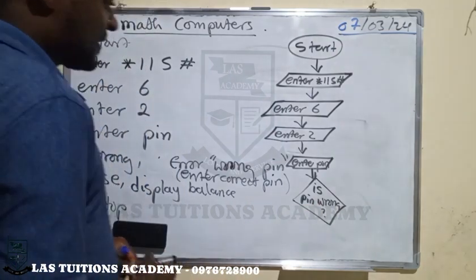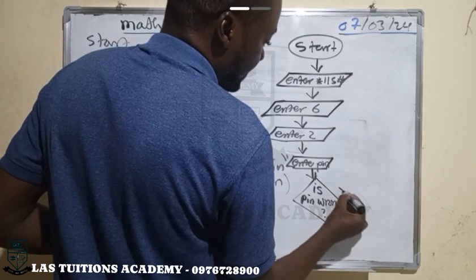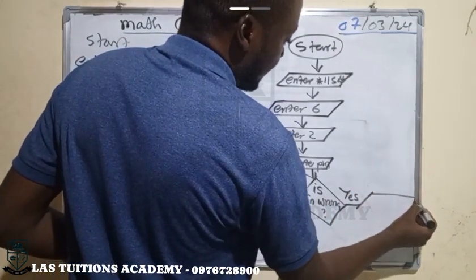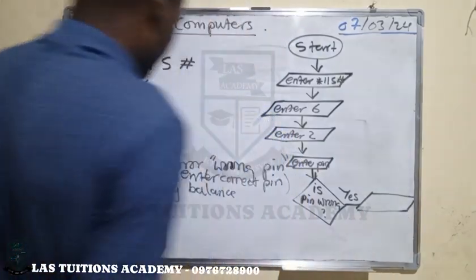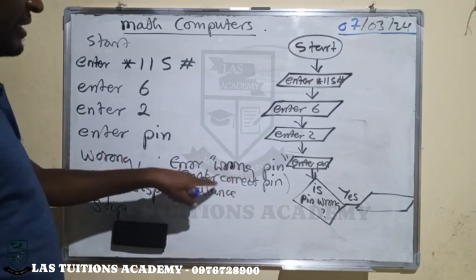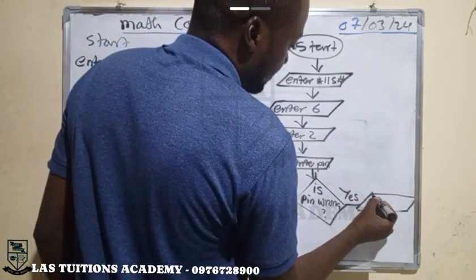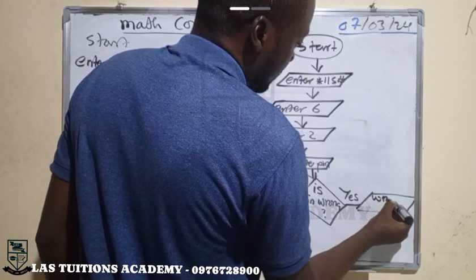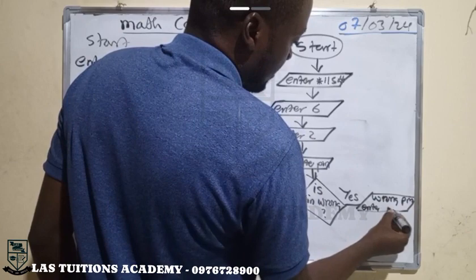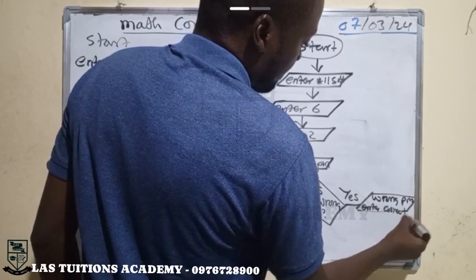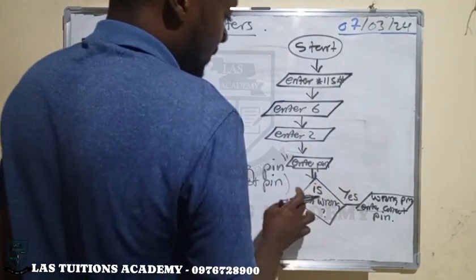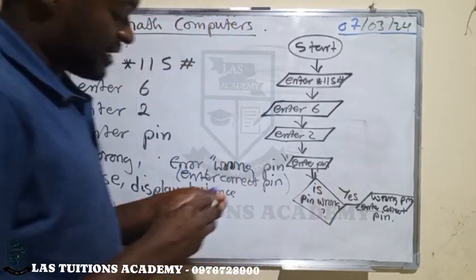Is the pin wrong? So if you say yes, meaning you have to show a message which says error, or which shows wrong pin, re-enter correct pin. So the message here should be wrong pin, enter correct pin. So if the pin is wrong, the question here is, that's why it's a decision box.